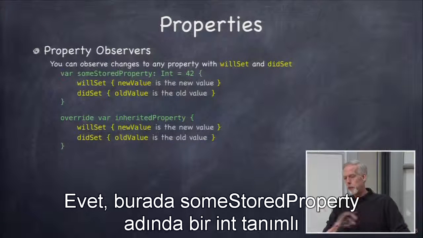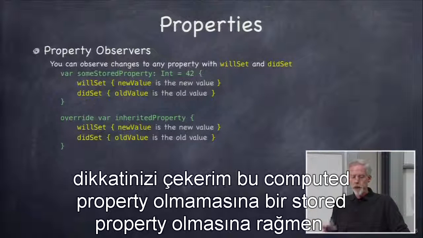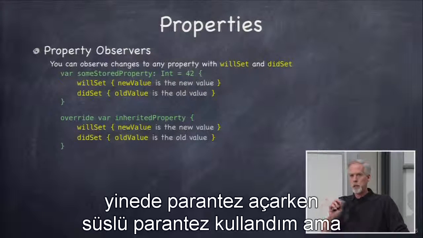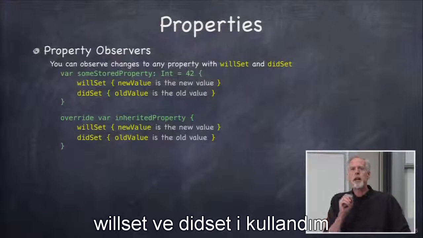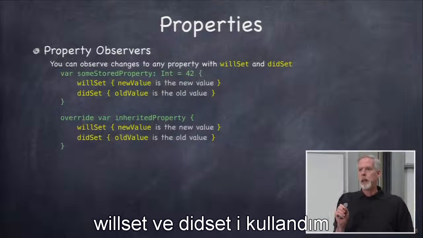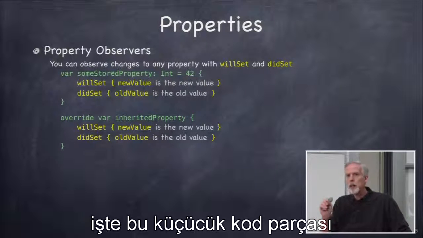So here I have some stored property. It stores an int, 42. And notice though, even though it's a stored property, not computed, I still put a curly brace after it. But in that curly brace, instead of saying get and set like a computed property, I say willSet and didSet. Okay, so these are little pieces of code inside the willSet and didSet.